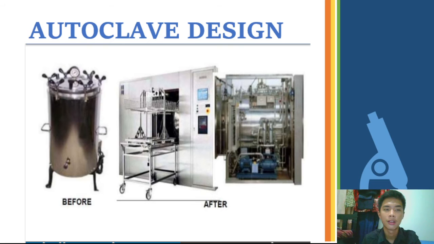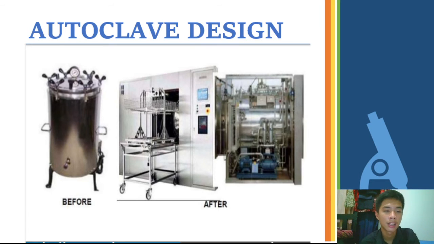Okay, as you can see in my presentation, there are autoclave designs. On your left side is the old design, and on your right side is the new design. The difference between the designs you can see in the shape.